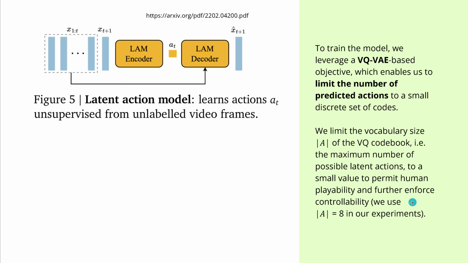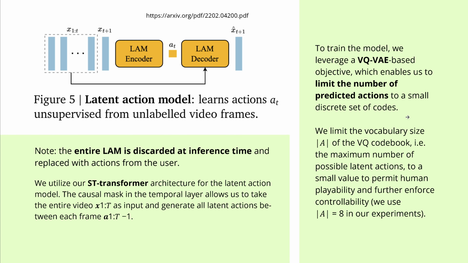So let's make it simple so that the system can learn this in the very first iteration. Great. But note, this entire LAM system, this latent action model, just learns here and helps the complete system to train to understand what actions we see in this video game.